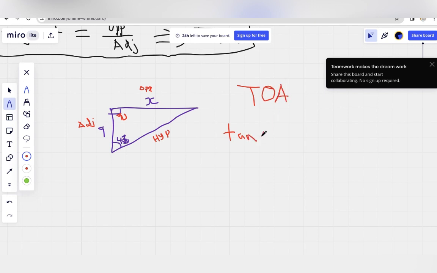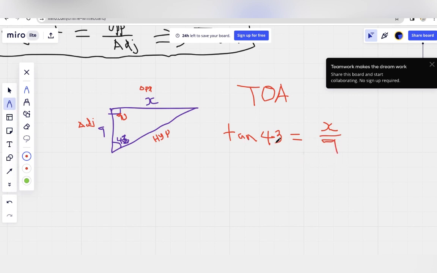We write tan 43, because that's the angle. Tan 43 is equal to the opposite, which is x, over 9, which is the adjacent. Okay? So this is what we have.